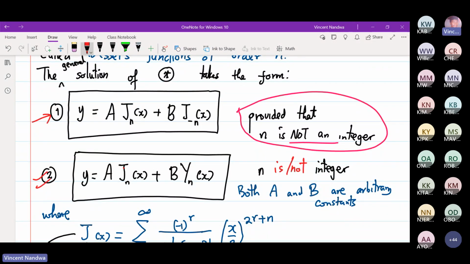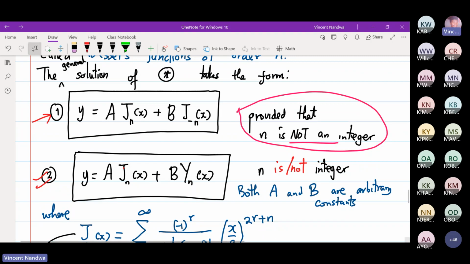When you have studied the equation and found that it is a Bessel differential equation, the general solution will be written in form 1 only when n is non-integer. But when n is an integer, the solution should be written in form 2. You can also use 2 even if n is non-integer. It takes care of everything, but the first one only applies when n is non-integer.